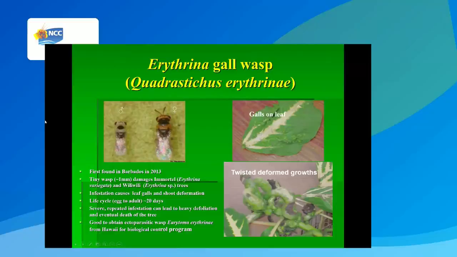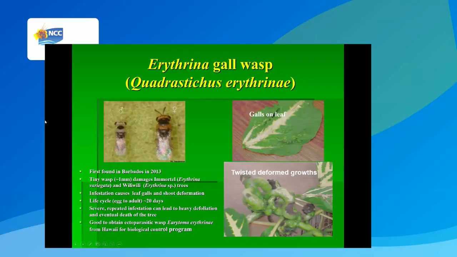Another example of a different type of pest which was introduced into the island a few years ago is a tiny wasp, which is a gall wasp. And it fed on and disfigured erythrina or willy willy trees in Barbados. Hundreds and hundreds of them died as a result of that.